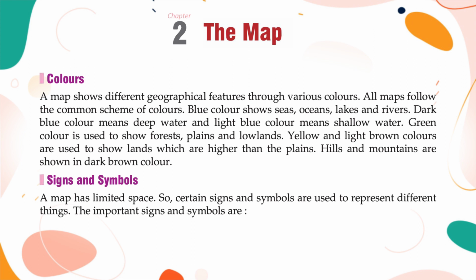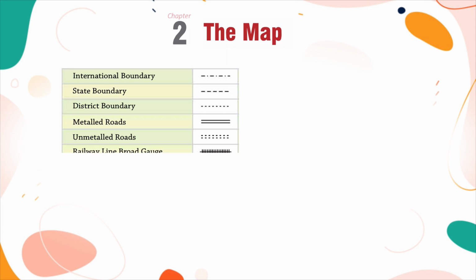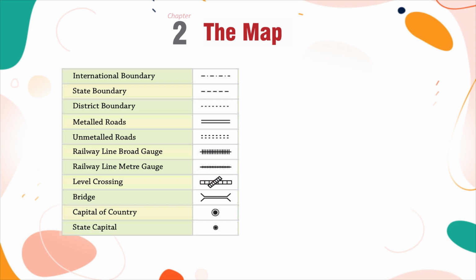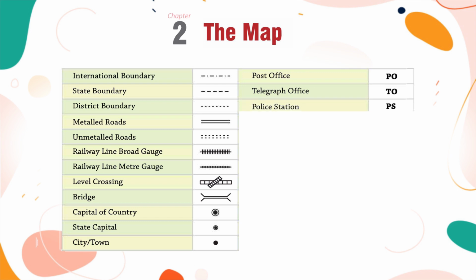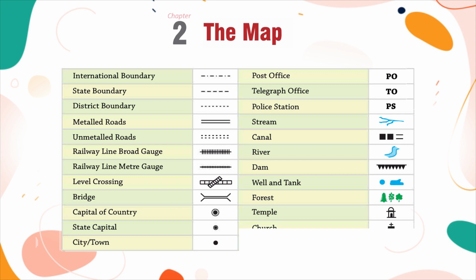The important signs and symbols are international boundary, state boundary, district boundary, metalled roads, unmetalled roads, railway line broad gauge, railway line meter gauge, level crossing, bridge, capital of country, state capital, city or town, post office, telegraph office, police station, stream, canal, river, dam, well and tank, forest, temple, church, mosque.